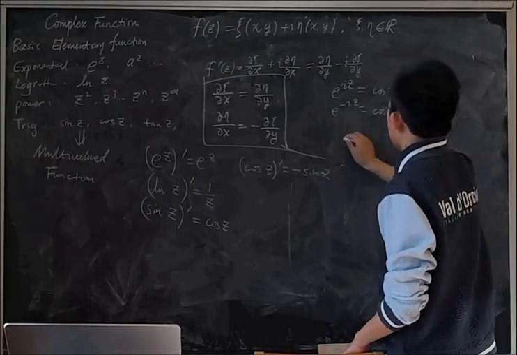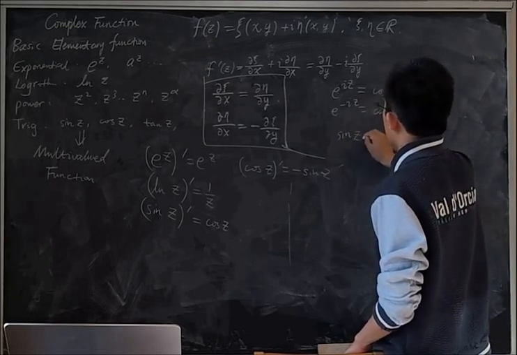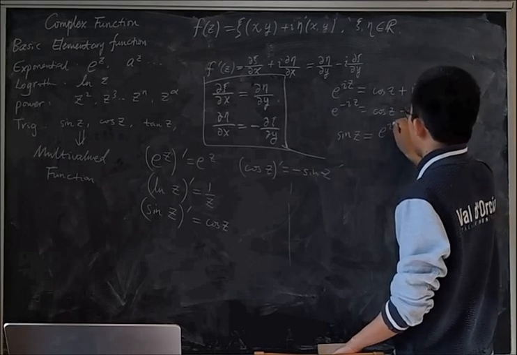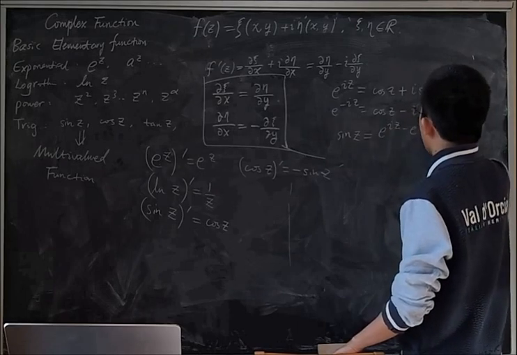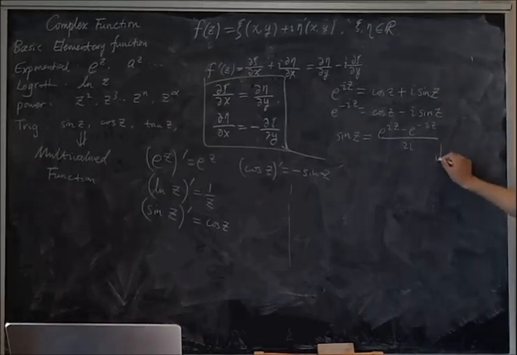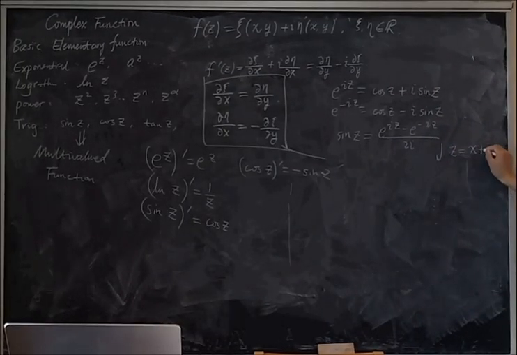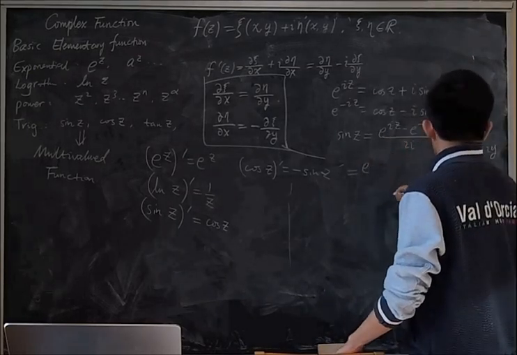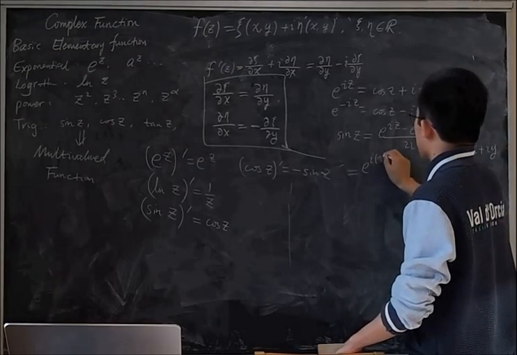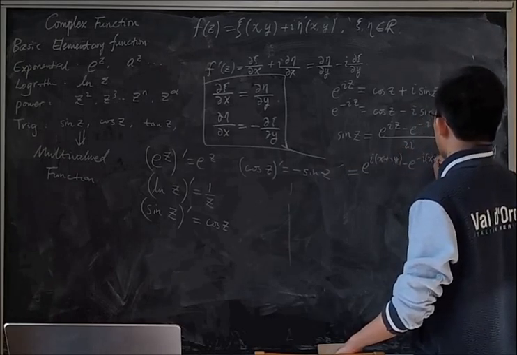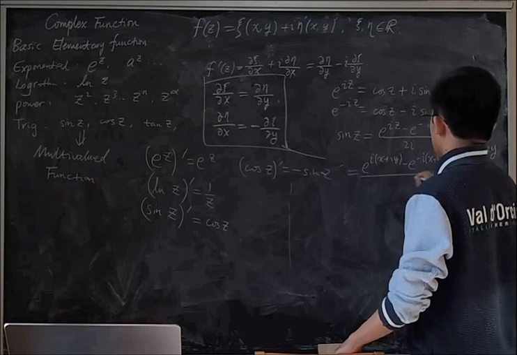So basically, sine z is e to the iz minus e to the negative iz, divided by 2i. If z is x plus iy, then you have to expand it into e to the i times (x plus iy) minus e to the negative i times (x plus iy), over 2i.